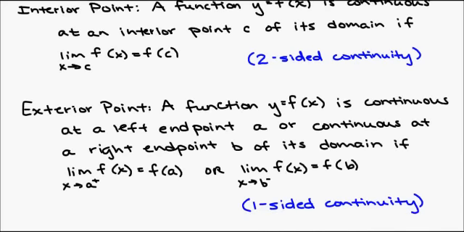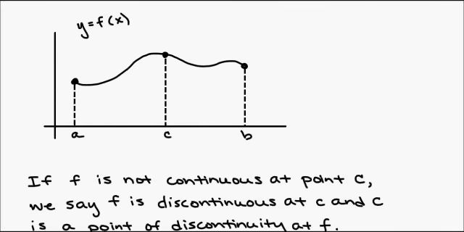And for endpoints, a function y equals f of x is continuous at a left endpoint A, or continuous at a right endpoint B, of its domain, if the right-hand limit as x approaches A of f of x is equal to f of A, or the left-hand limit as x approaches B of f of x is equal to f of B.